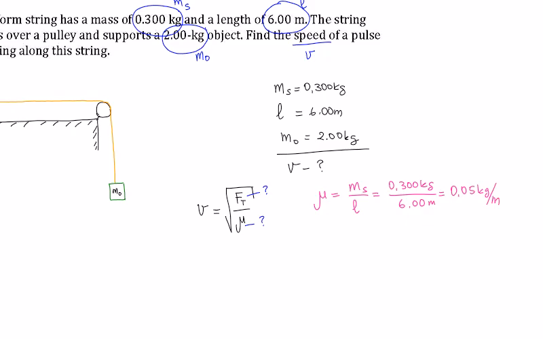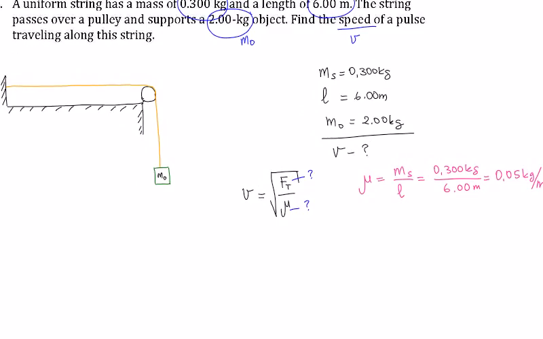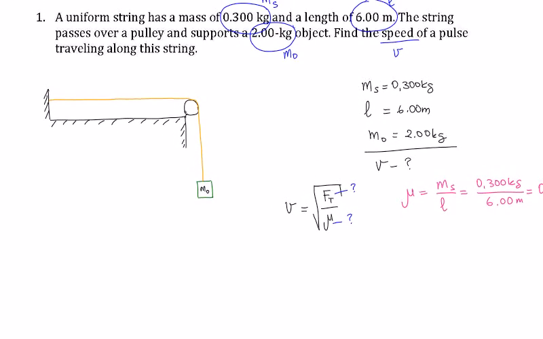Now, the next question is, how do we find the tension? Well, from mechanics, we know that if we want to find a force, free body diagrams are kind of necessary. So let's see for the object, what is our free body diagram? If this is my object right here, there are two forces that act on this object.